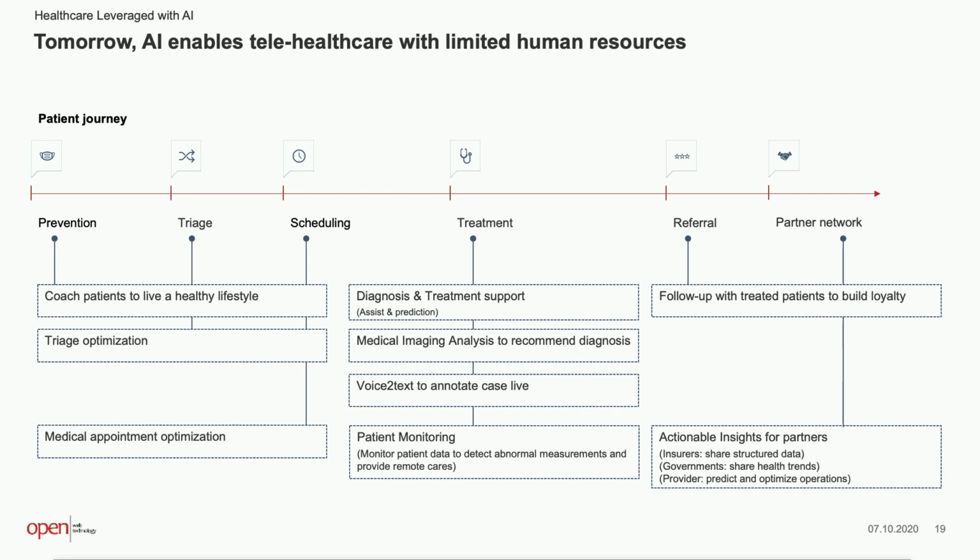Obviously, this was the case that I presented today. The scheduling, so the appointment optimization or the surgery orchestration during the treatment, the patient monitoring when he goes back home. So the aftercare, be sure that everything is okay, and in case raise an alarm and get him back to the hospital for additional check. So all along this value chain, there's a lot of things that can be done with AI.